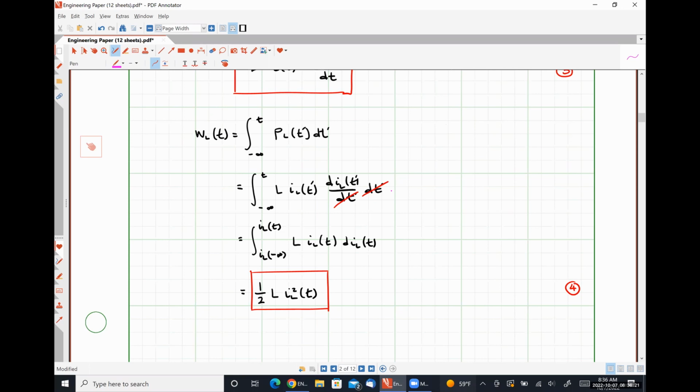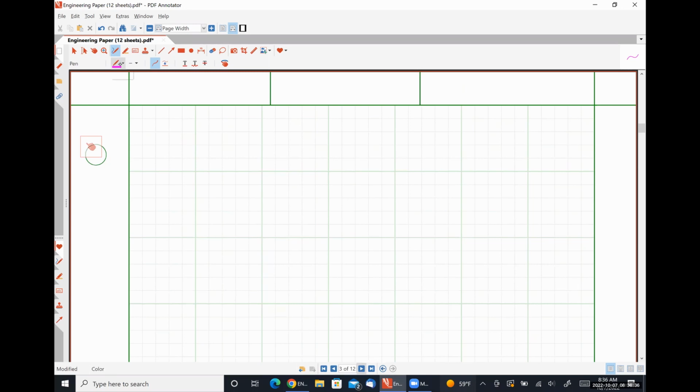What we are going to do now is take a look at what happens when we have multiple inductors in a circuit and see if we can develop any relationships to combine them, similar to what we did with resistors.